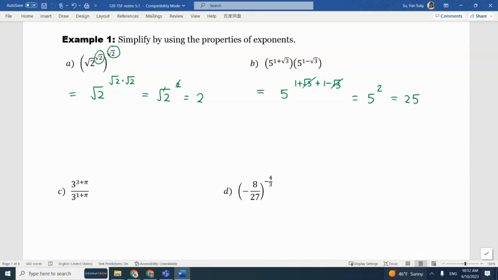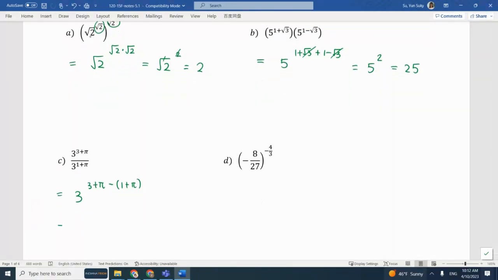And now, division. What do we do to the exponent? Subtract. So the base is 3. We use 3 plus pi minus parentheses 1 plus pi. The common mistake is students might forget about the parentheses. So parentheses is like your baby. Don't forget your baby. When we distribute, what happened?